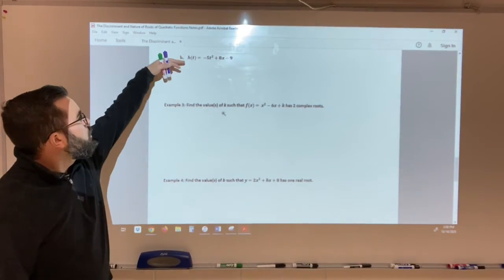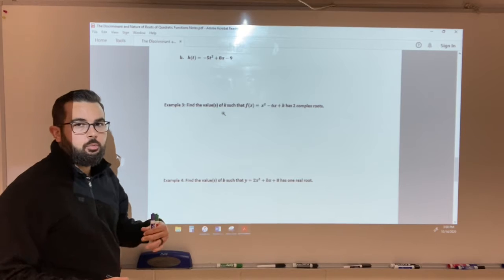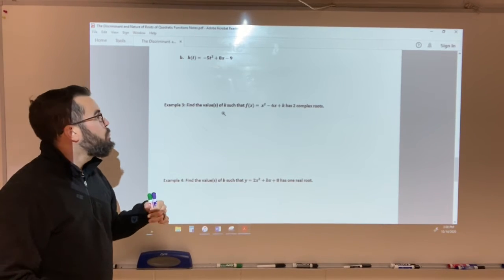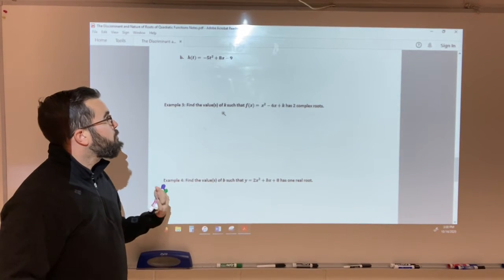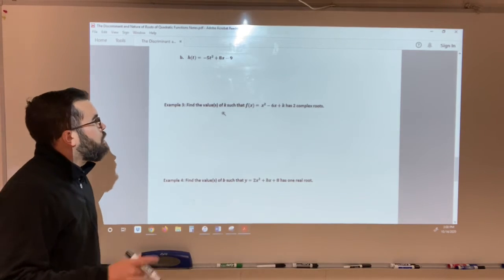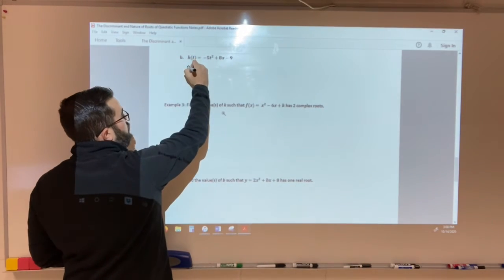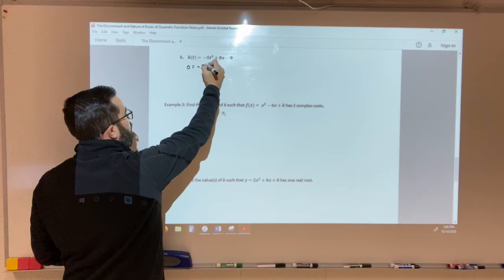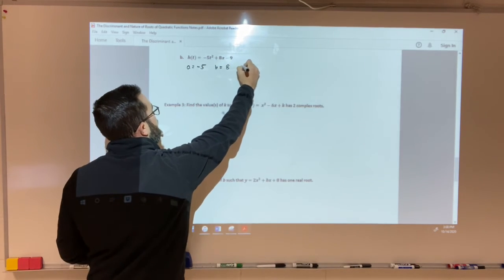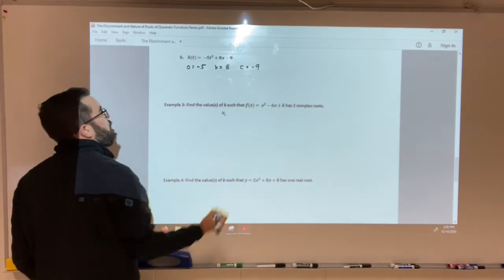All right, so second example, same set of directions. We're asked to find the number of x-intercepts or describe the x-intercepts. So, looking for the discriminant of this function, we have a is negative 5, b is 8, c is negative 9.